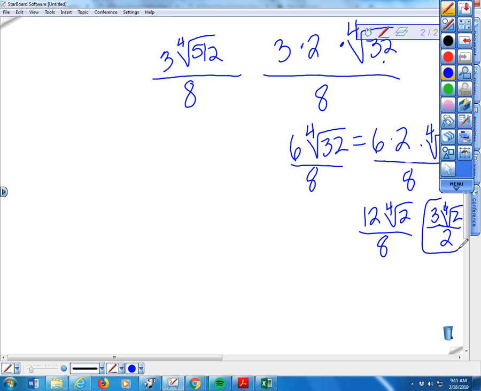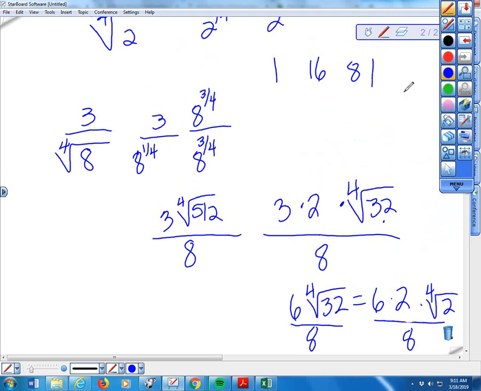What we did, though, is when we had this 512, just like if we had the square root of 90, I'm looking for squares that go into 90 evenly: 9 and 10. I did the same thing. I found 4th roots that go into 512 evenly. 16.